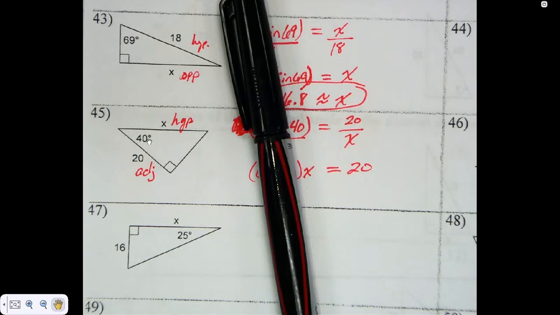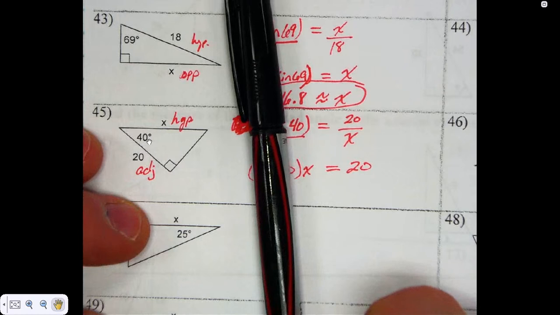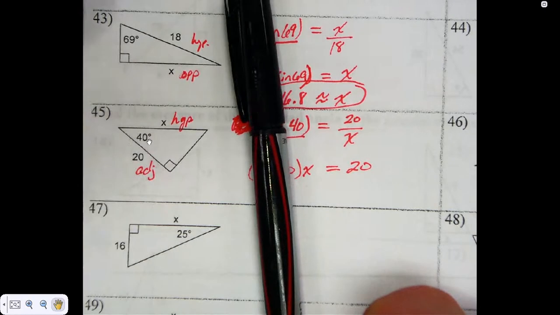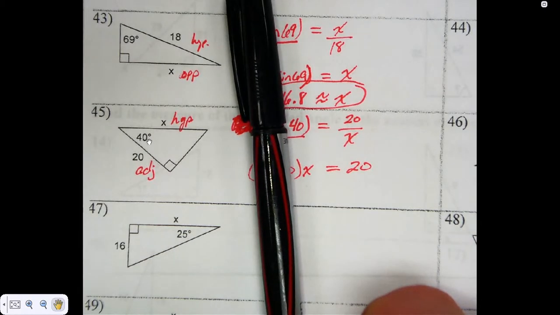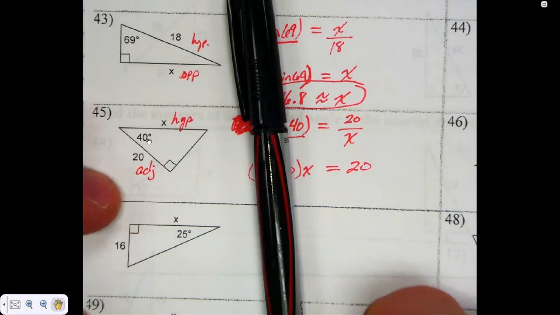If that was 4x equals 20, tell me what you would do. You'd divide both sides by what? 4, wouldn't you? And you'd get x equal to 5. Does everybody understand what I'm getting at there when we write it down? Yes. So, in other words, if that was a 4, I would divide both sides by what's in front of the x. But what number's in front of the x now?